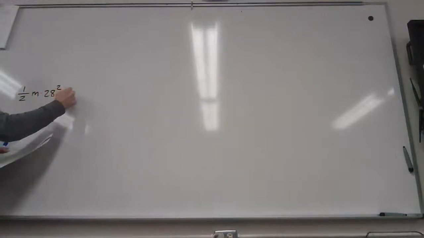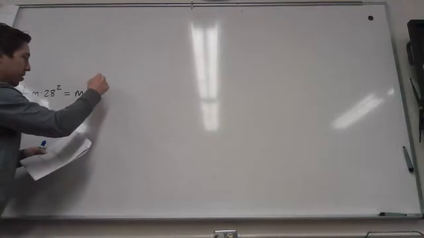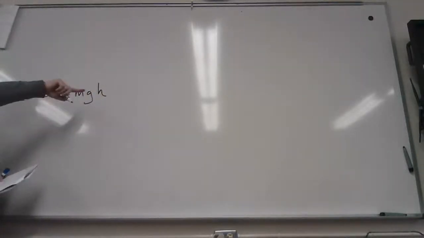So, okay. Hey, real quick, this isn't necessary for the question. If you're a credulous person, then you just say, oh, I believe you. But let's say you weren't. 1/2 mv squared equals mgh. Let's say you were solving for the max height. This is the calculation, right?